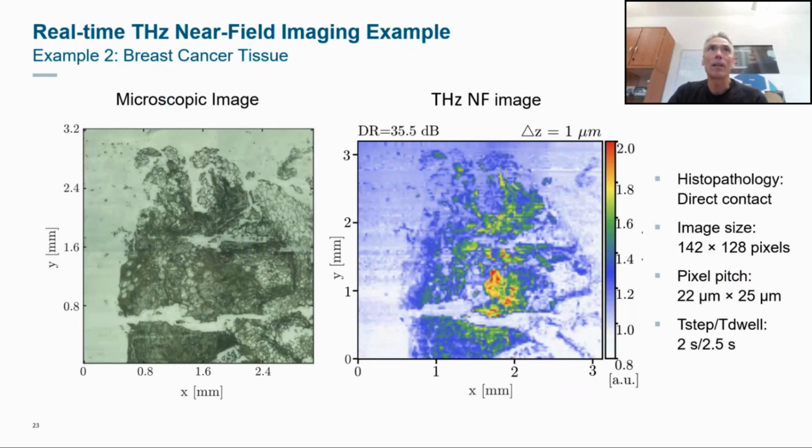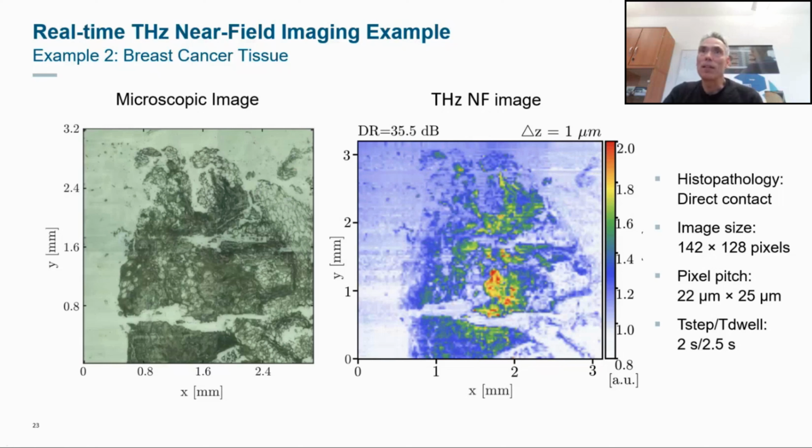And of course, the final goal of the project is to look at cancer tissue. Here you see a breast cancer tissue that was looked at under the microscope. On the left side, you see the typical image that a medical doctor would see when looking through the microscope without staining. Under the microscope, everything looks the same: the same color, the same contrast. But if you try to do this at terahertz frequencies, you can already see some contrast in certain parts of this image.